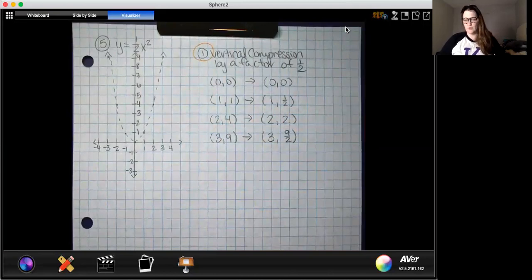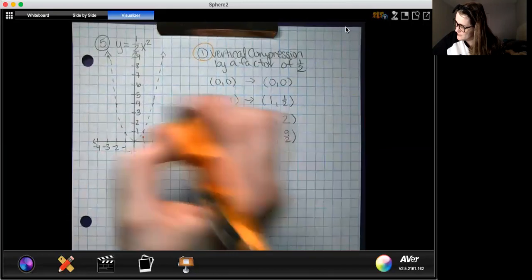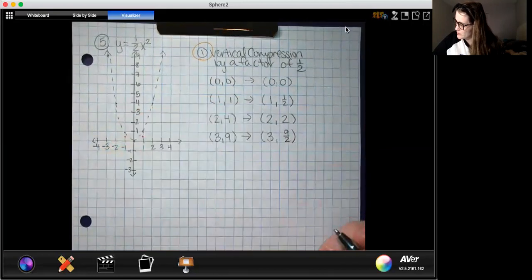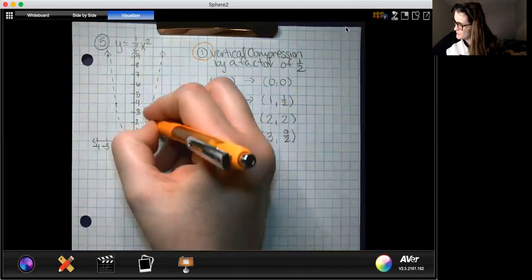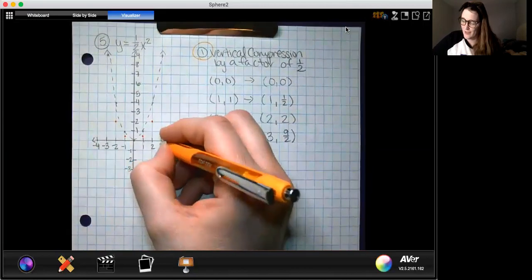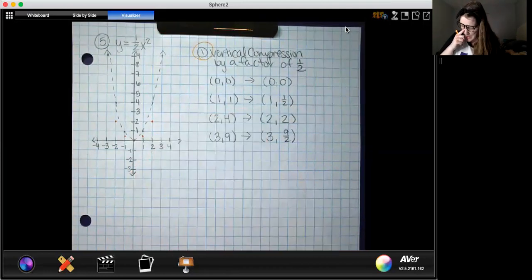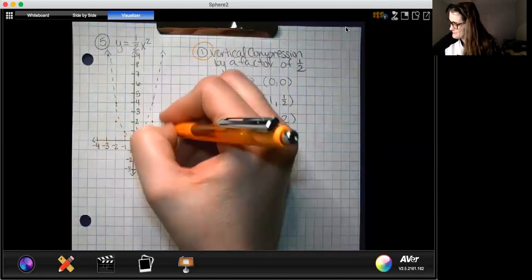So what does that look like on my graph? We have 0, 0. We have 1, 1/2. And my reflective point, symmetric point, we have 2, 2. And we have 3 and 9/2, which is going to be 4.5.